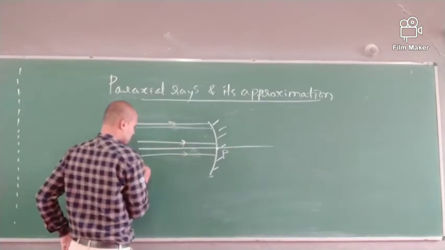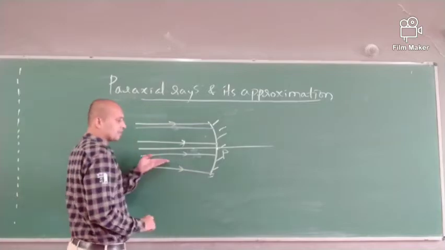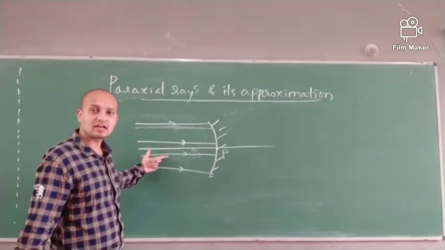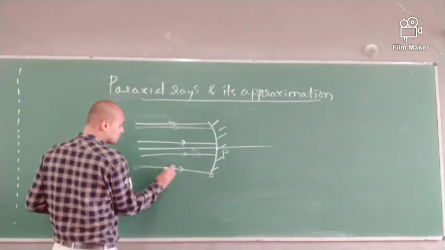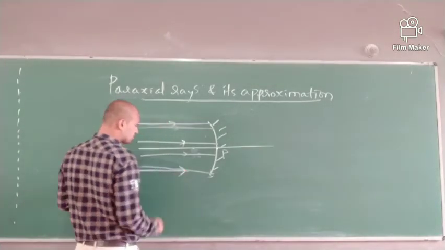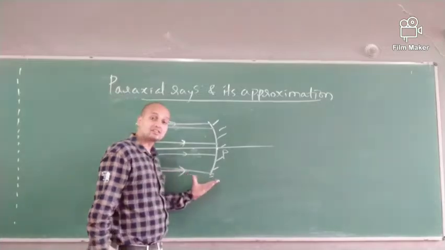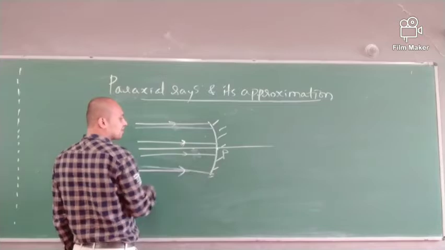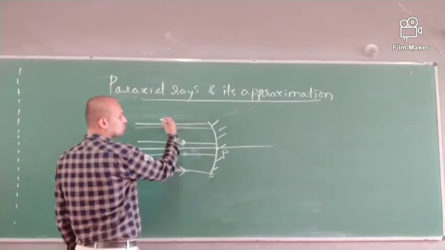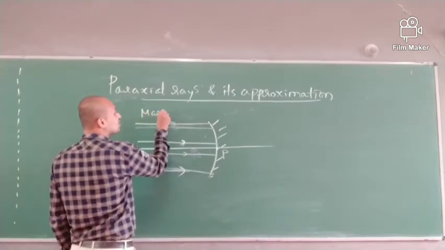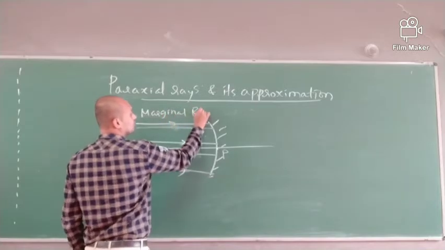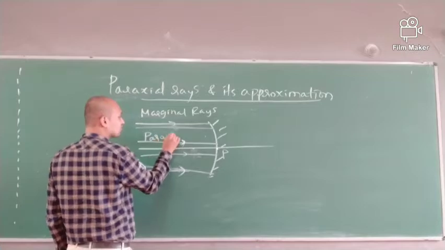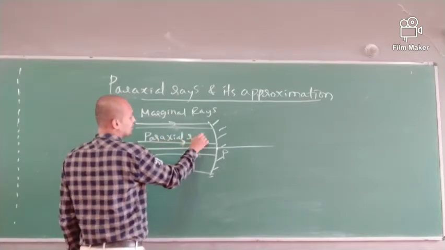In between them many rays are there, but I am just considering two rays. The rays at the edges of the mirror, we call marginal rays. The rays which are near to the principal axis, we call paraxial rays.